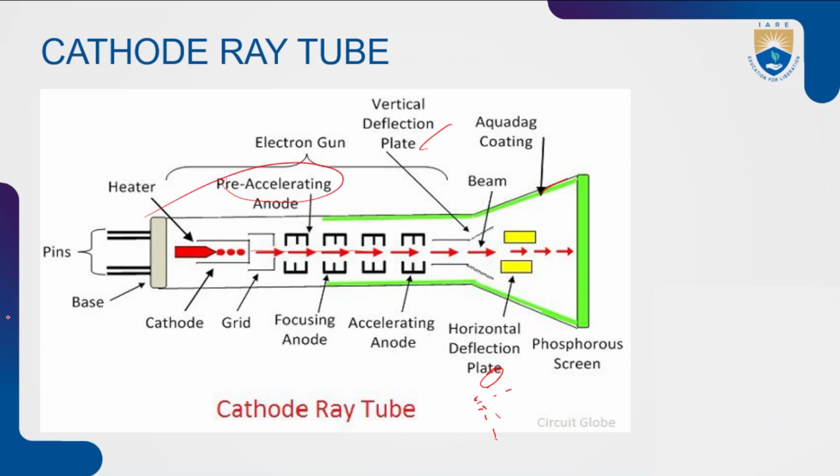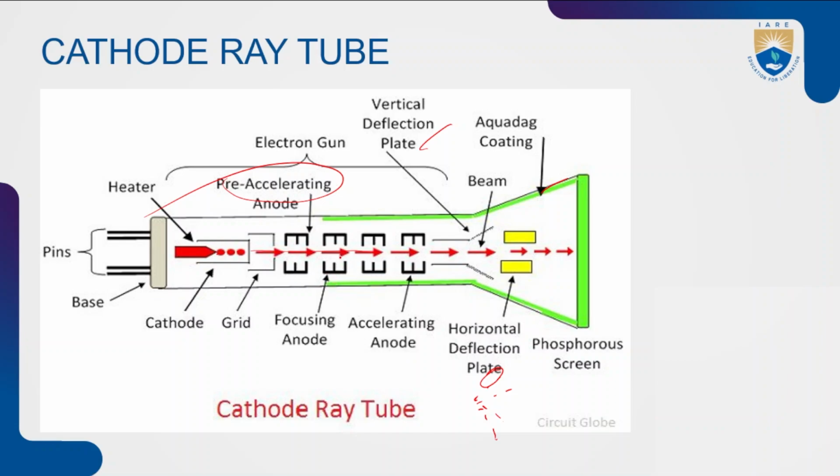As the electron beam meets the pre-accelerating anode, its intensity increases, and with the help of the focusing anode, all the electron beams move in one particular direction. As the beam moves in one particular direction towards the anode potential, its intensity increases, and at the same time its focus also increases.